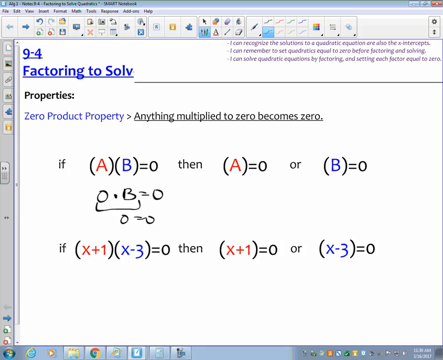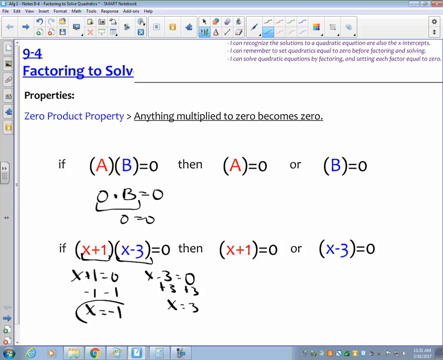So when I go to solve problems using this method, if x plus 1 is equal to 0, then it'll make the whole equation equal to 0. The same is true if x minus 3 equals 0. It's going to force the entire equation to be equal to 0.